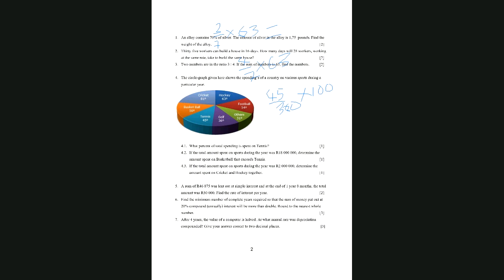Basketball, they spend 50. So it will be 50 over 100. Sorry, 50 degrees. Sorry, it will be 50 over 360 times 100. 18 million.